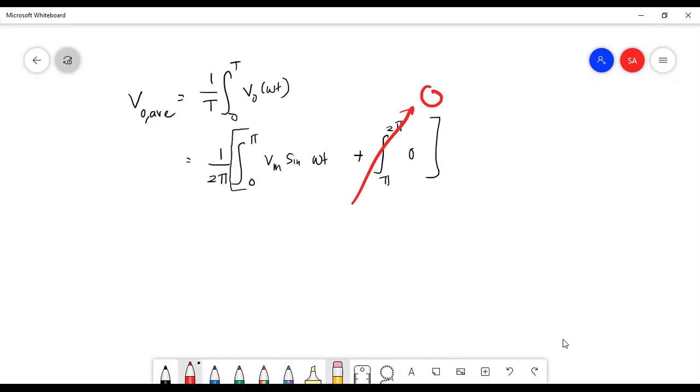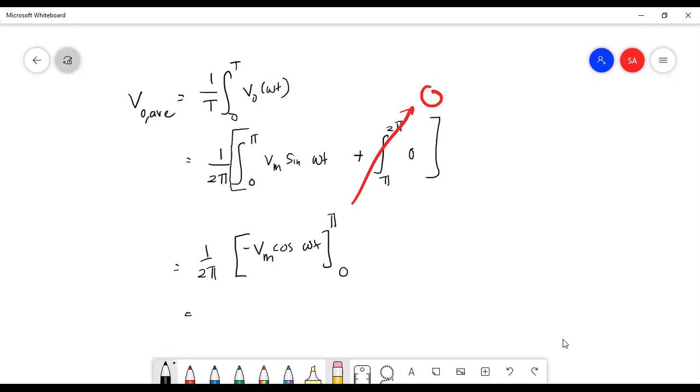So we only concentrate on the first term. The first term is 1 over 2π, and then the integral will become Vm cos omega t, from 0 to π.